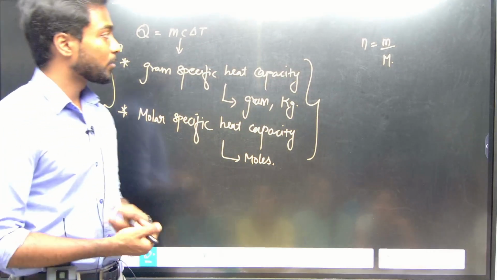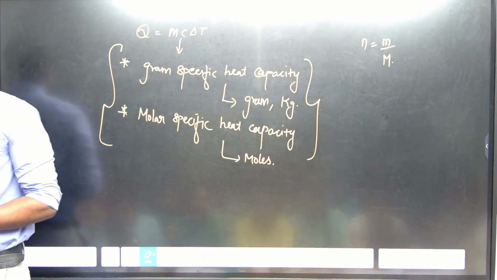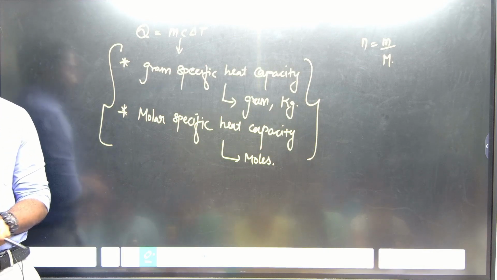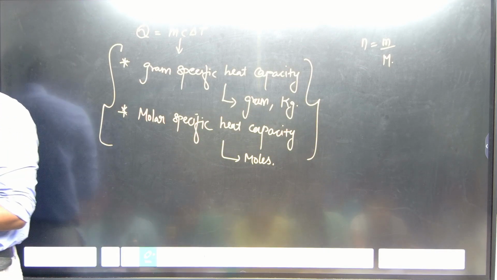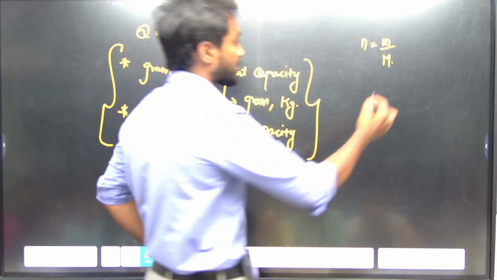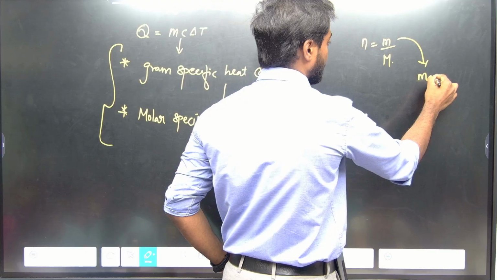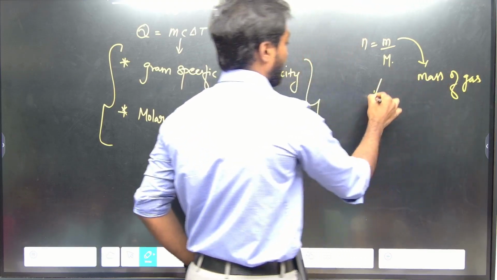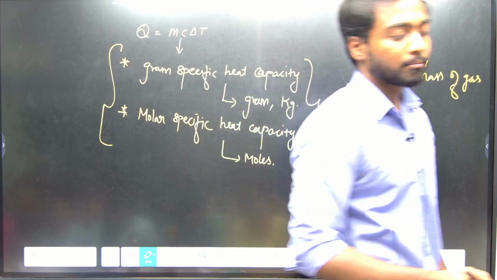Write down: n is equal to small m by capital M, where small m is the mass of the gas and capital M is the molecular weight.